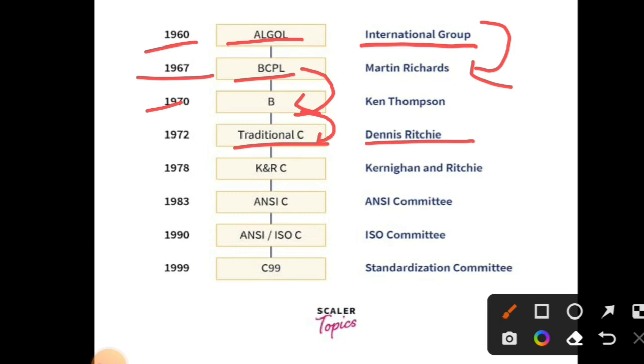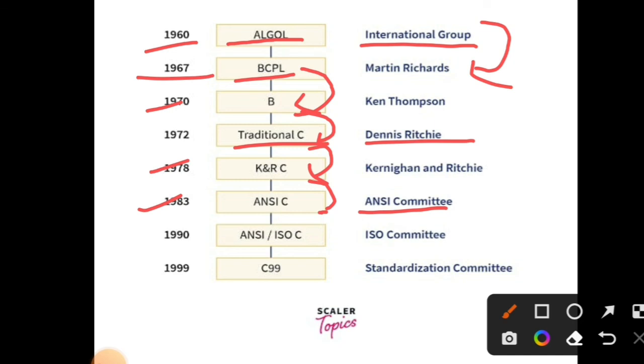After that, in 1978, Kernighan and Ritchie wrote a book, The C Programming Language. That's why the name was K and R C. After that, in 1983, ANSI, the American National Standards Institute, appointed a committee to define the standard for C. That's why the name is ANSI.